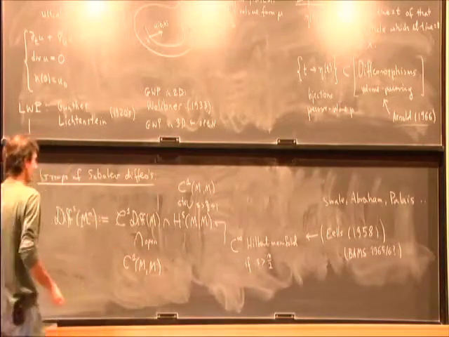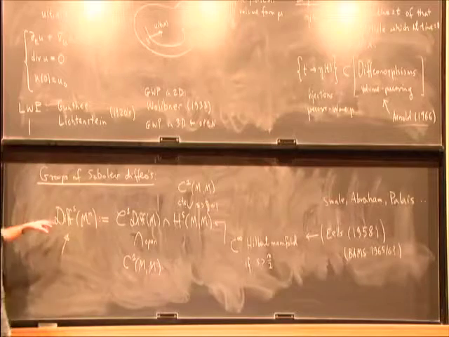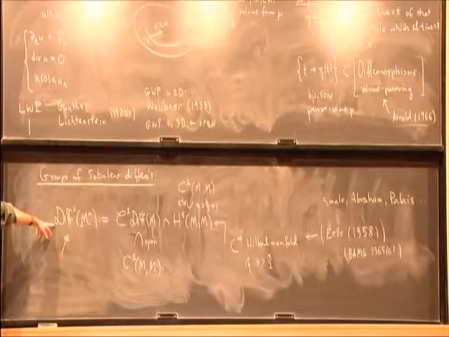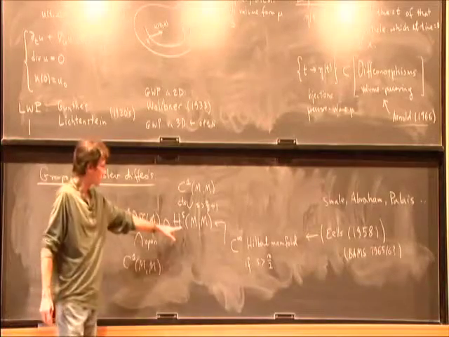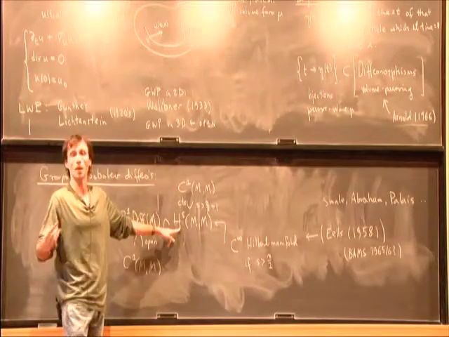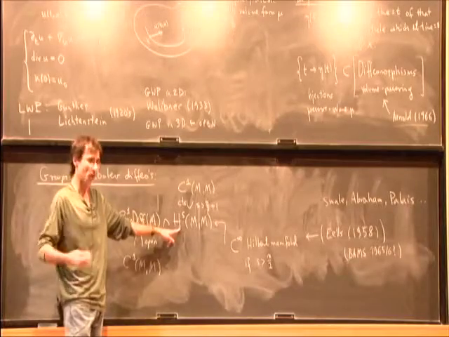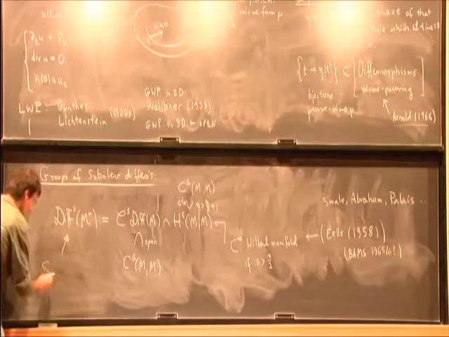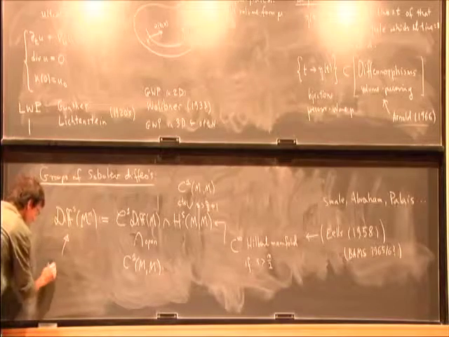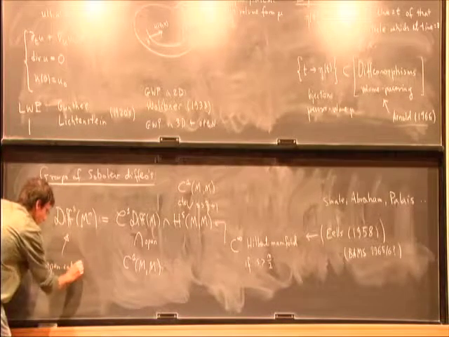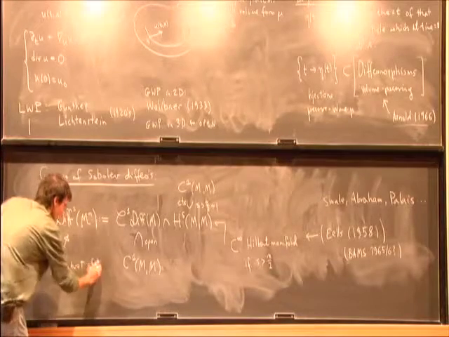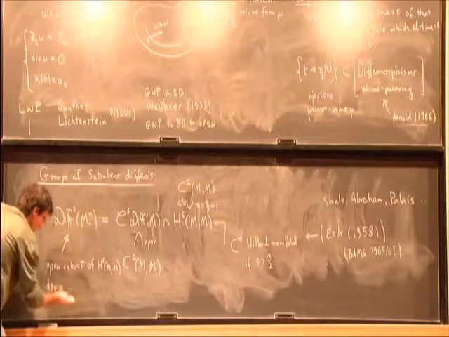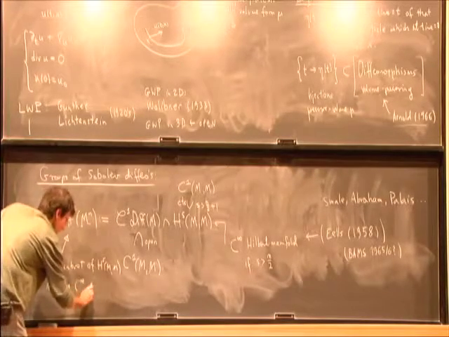And putting these two facts together, we conclude that Diff^s will be an open subset of the space H^s, and therefore will acquire a smooth Hilbert manifold structure as an open set in a Hilbert manifold. So this is an open subset of H^s, hence a smooth Hilbert manifold.